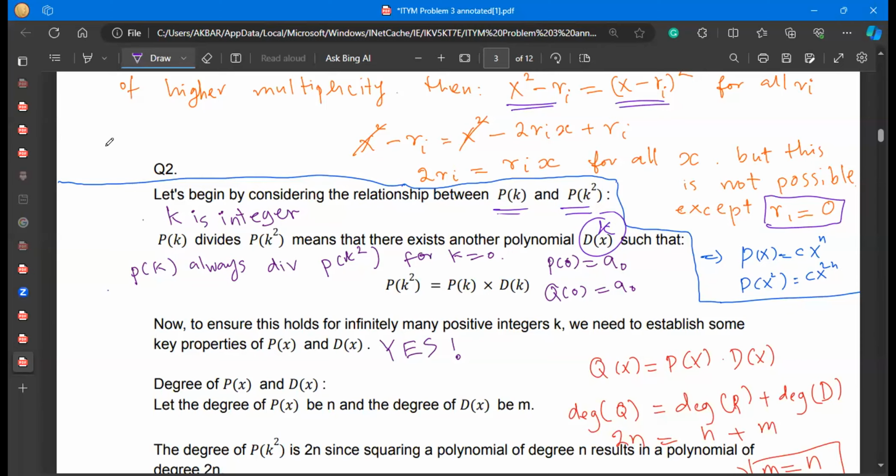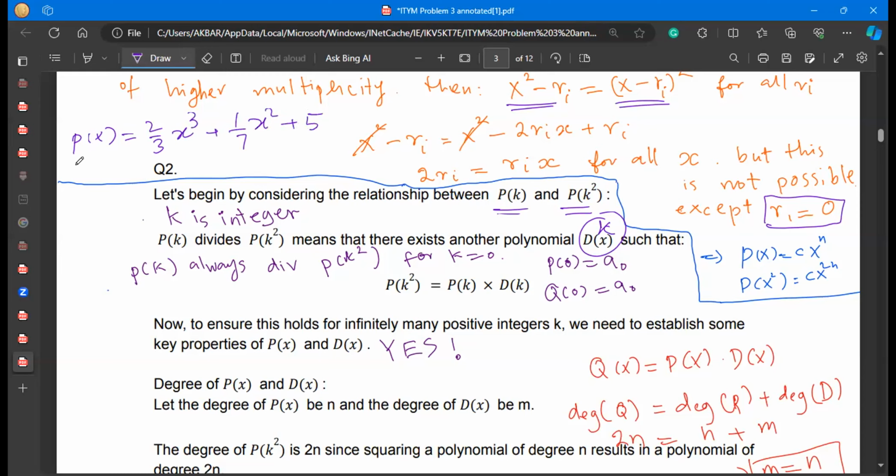Evaluation is nothing but we substitute x with some number, not always an integer, any number k. For example, take the same p(x) as above with rational coefficients: 2/3 x to the power 3 plus 1/7 x squared plus 5.